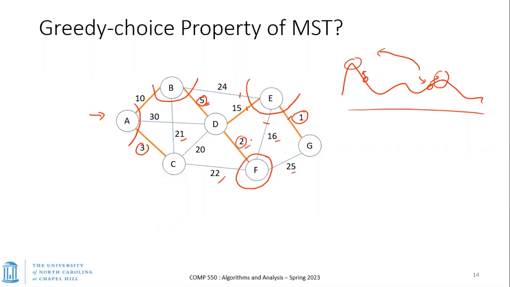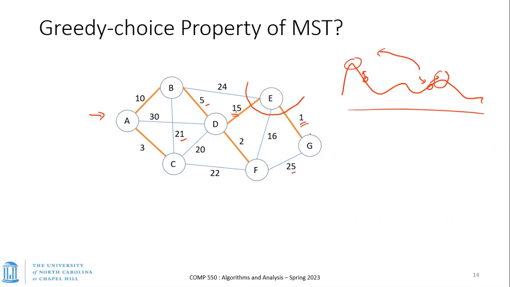In some cases, you will have more than one edge which is part of the MST. But what we're saying is that the least cost edge is guaranteed to be part of the MST. We're not making a statement about 15 here.